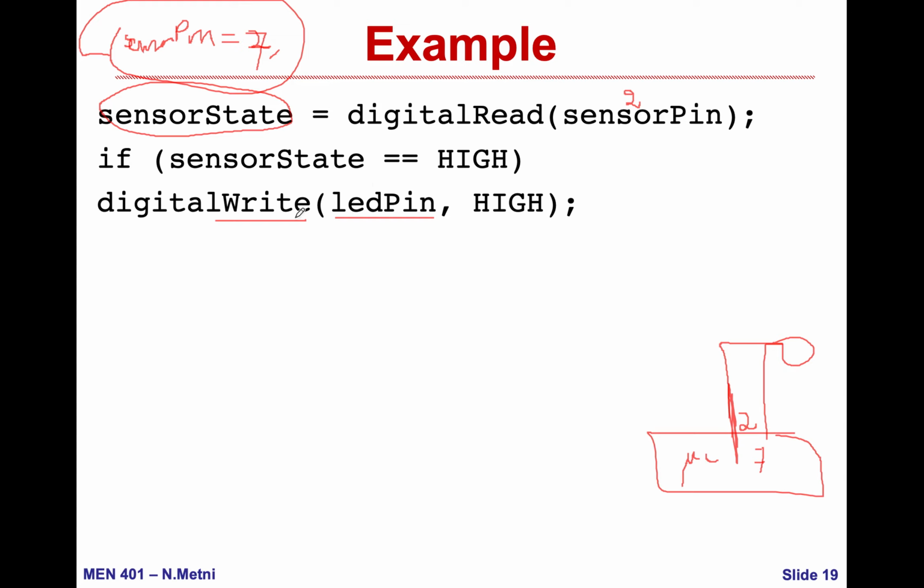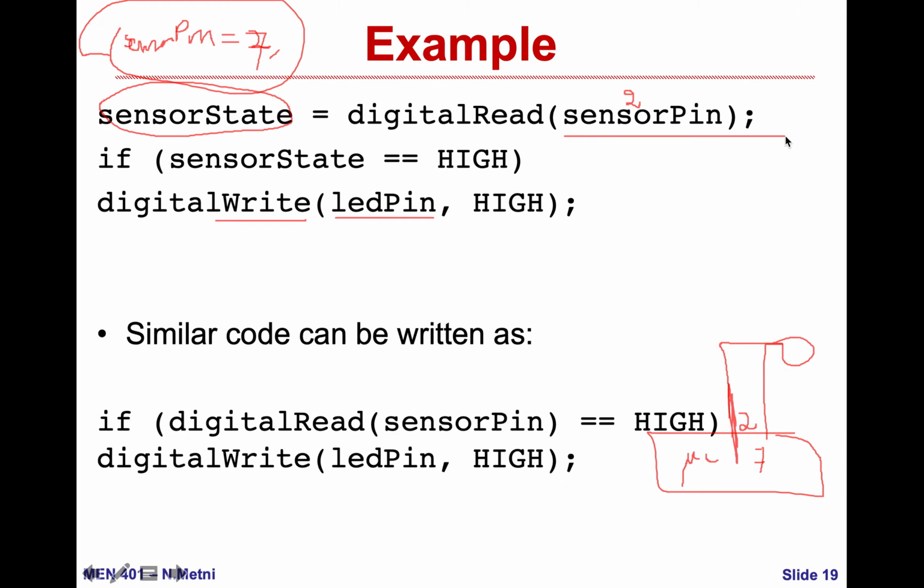The CPU will always be busy until I approach, and as long as the reads are low, the condition is not true and nothing will happen. There is a loop here. Until I approach the obstacle, when I arrive at this critical distance, the digital read will give me a high. Now this condition is verified and the LED pin goes high. This is the polling strategy on the input pin, the sensor pin.